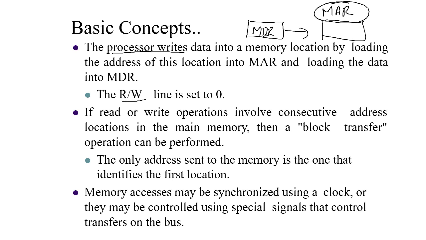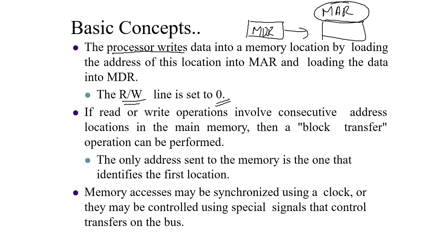Next, the read write bar signal is pulled low. That means when it is 0, it is write. Just opposite to the read operation, the read write bar signal has to be set to 0, and automatically the data that is present in MDR is transferred to the memory location pointed by MAR.